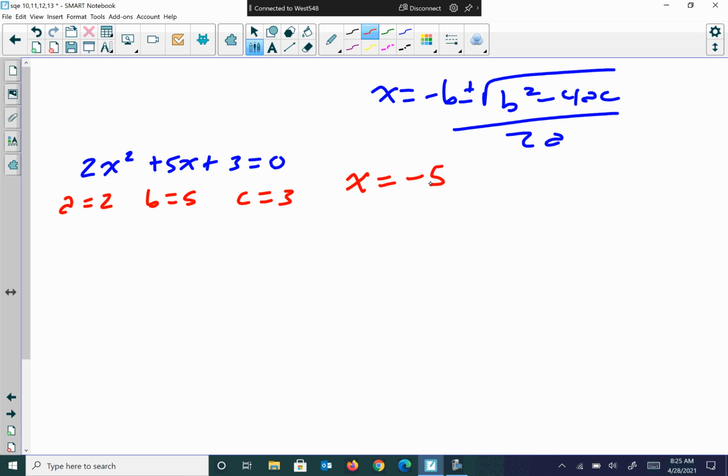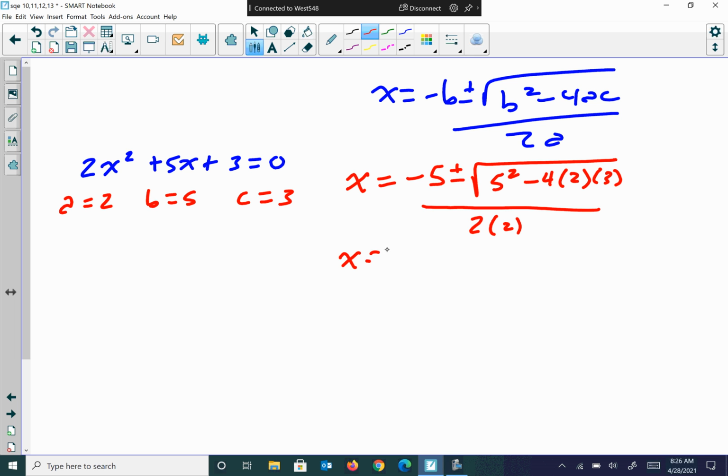Does that make sense? So then I'm going to go plus or minus square root b squared, so 5 squared, which is 25, minus 4 times a times c. Minus 24. 25 minus 24. All over 2 times a, which is 2 times 2.